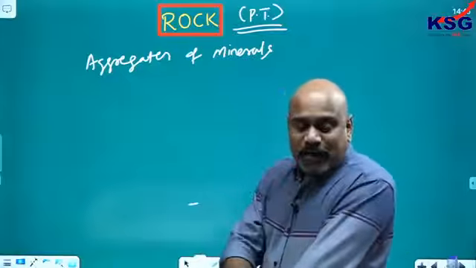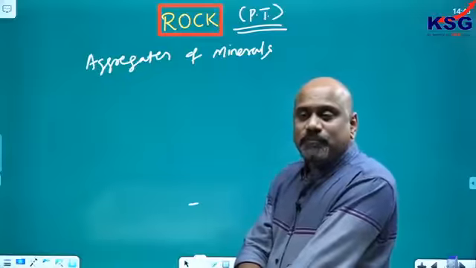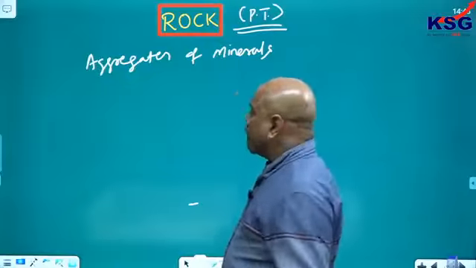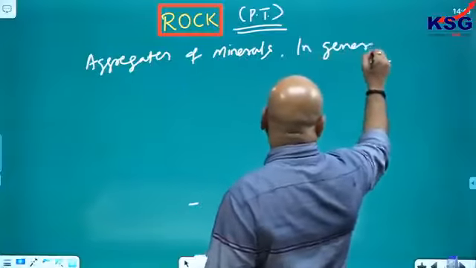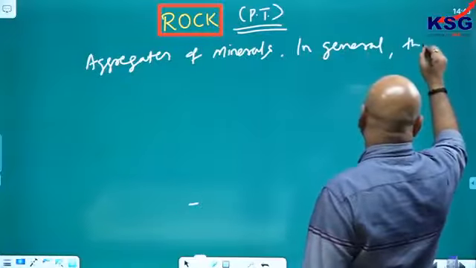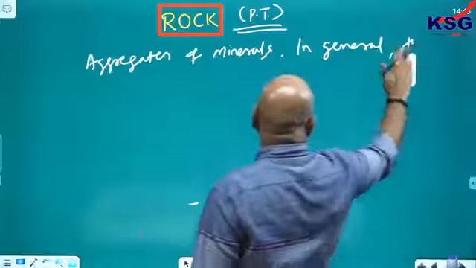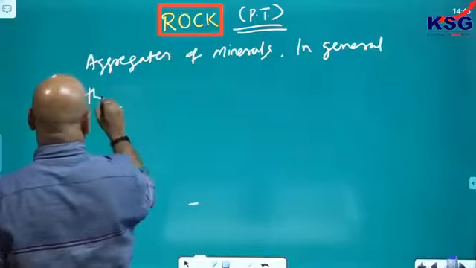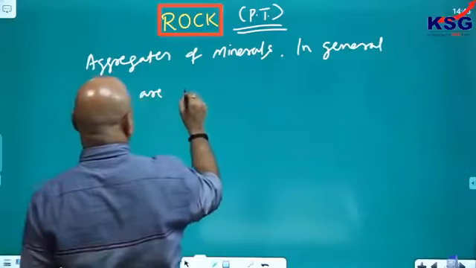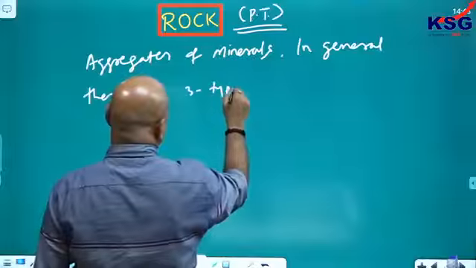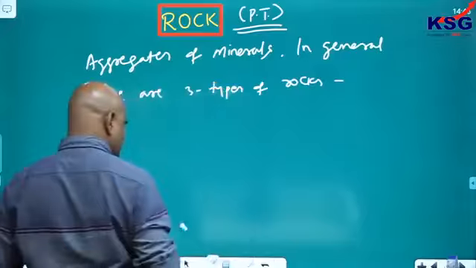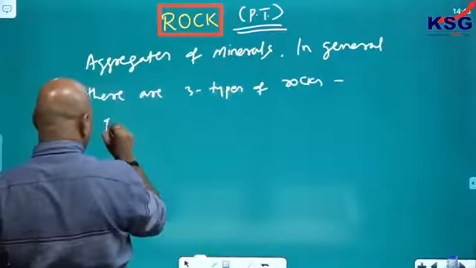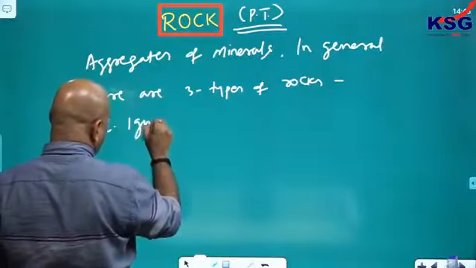Rocks are of different types. In general, there are 3 types of rocks. What are those? One, igneous rock.